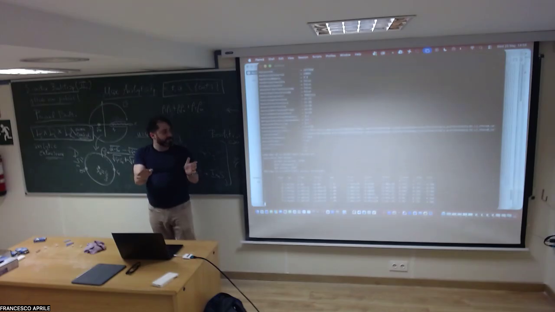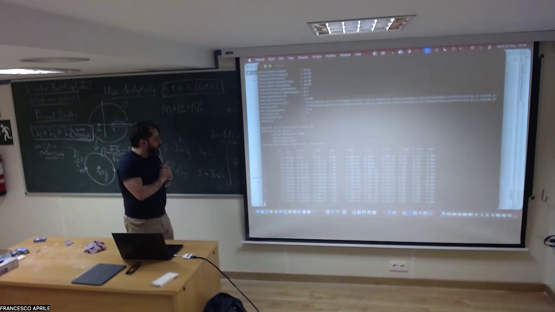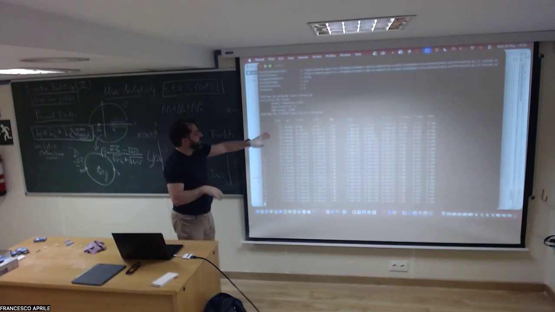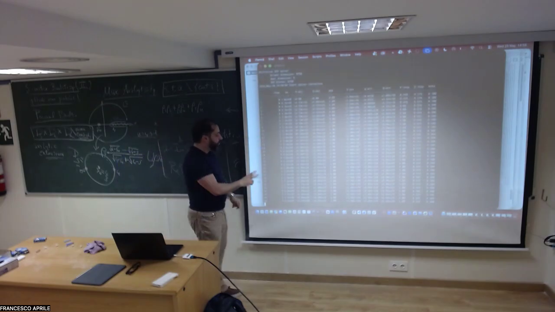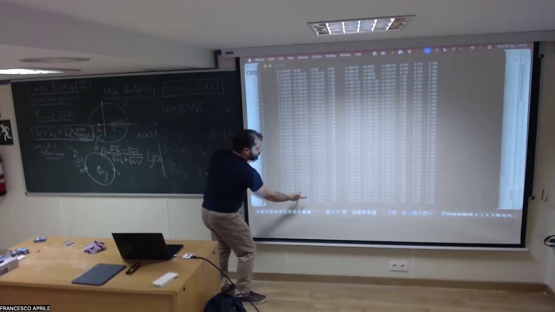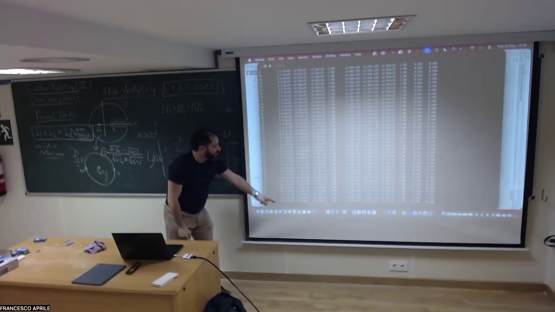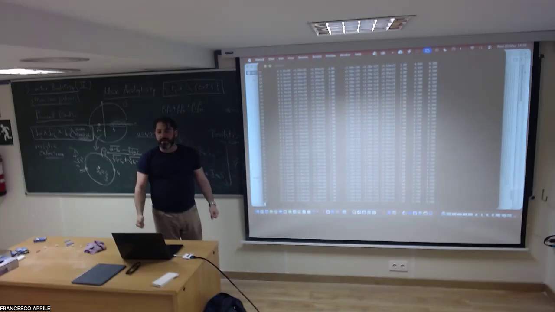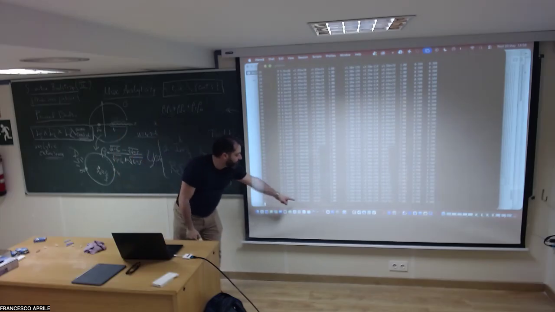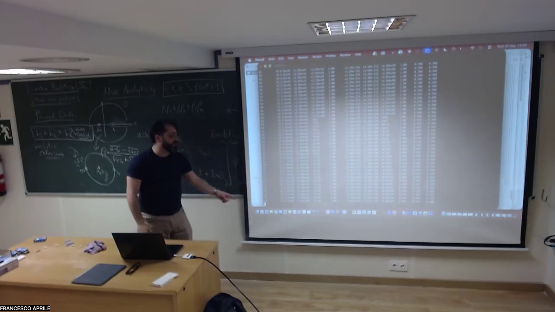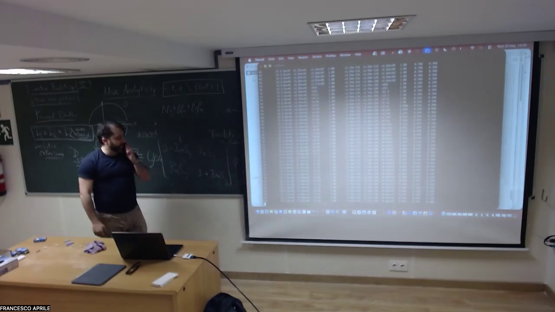So it starts, and what happens here is that there are many parameters, but what you want to look at are these two numbers. When these two numbers agree, then your solver finds the optimum. And you see now it's like 10 to the 44, that's 1.4, so they're still far apart.